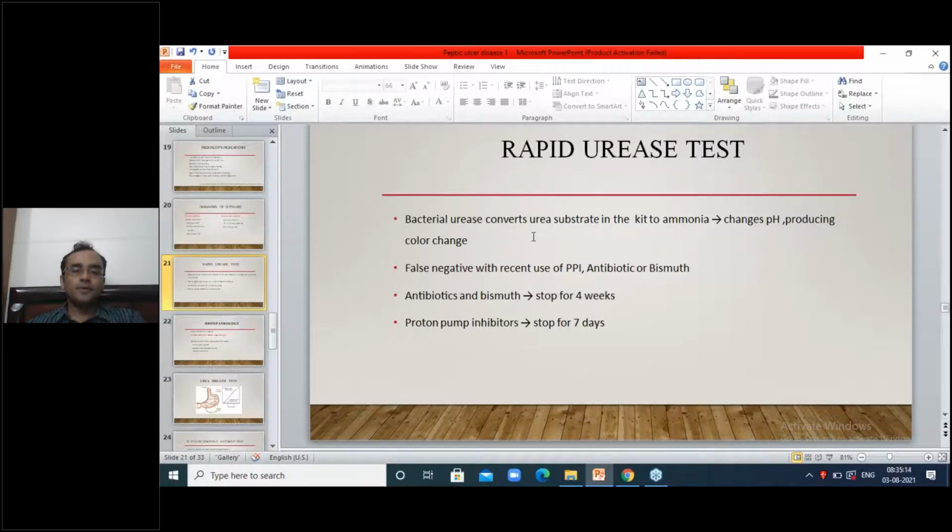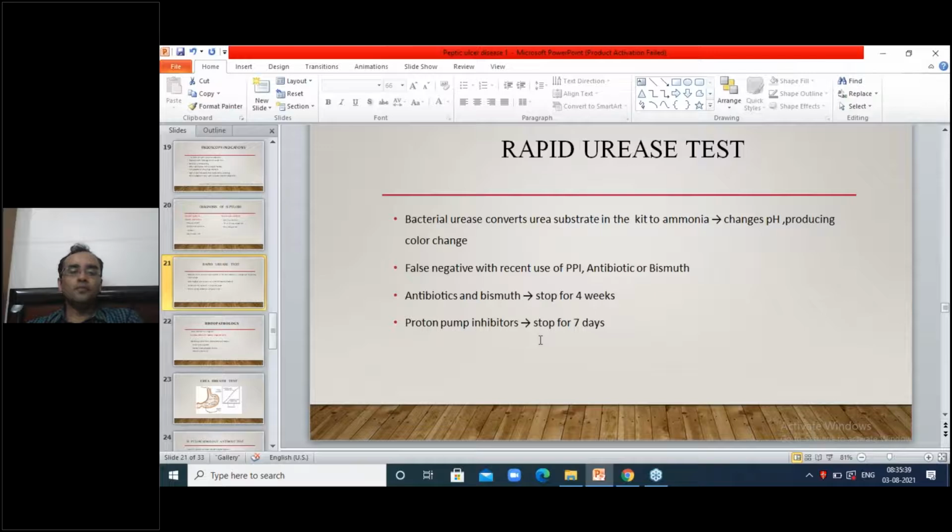It is diagnosable at the site in the endoscopy room itself, and the patient can be advised treatment in the same sitting. So this test can be false negative with the recent use of PPI, antibiotics, or bismuth. So if the patient is on antibiotics or bismuth, we need to do this at least 4 weeks after the stoppage of the antibiotics.